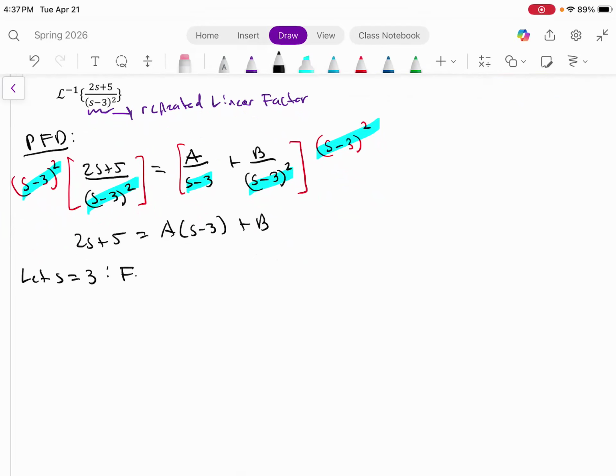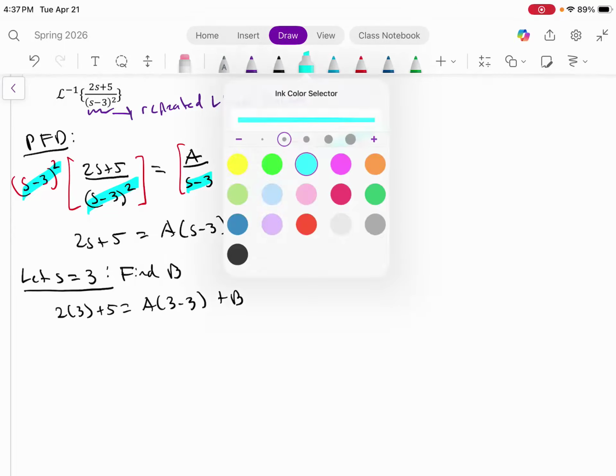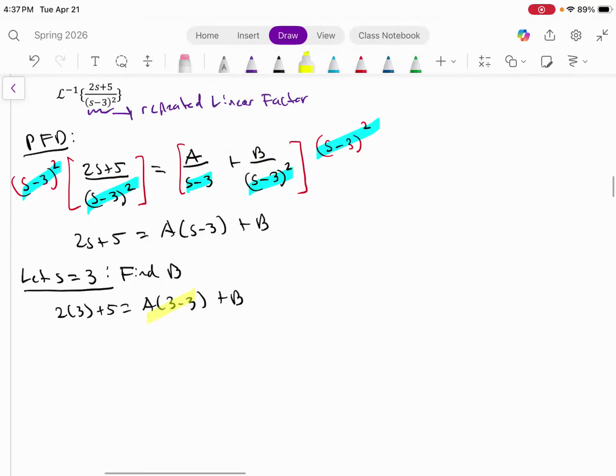This will allow me to find B. Because if I plug in 3, this would be 2 times 3 plus 5 equals A times 3 minus 3 plus B. This would make A go to 0. So what I'm left with is B equals 11.